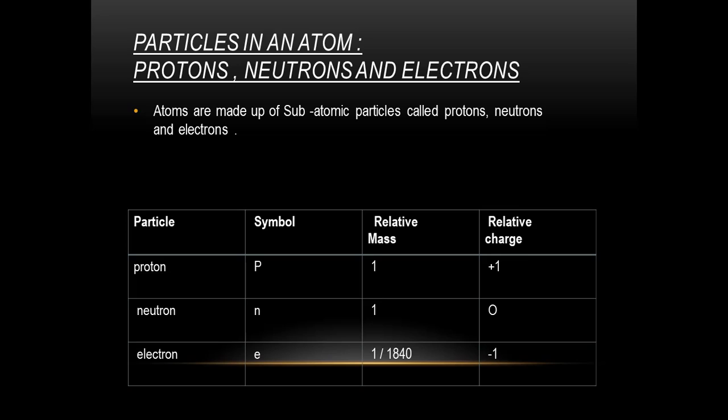For the electron, the symbol is E, relative mass is 1/1840 and the relative charge is -1. This table is very informative; it describes the masses and the charges on these three fundamental or subatomic particles.